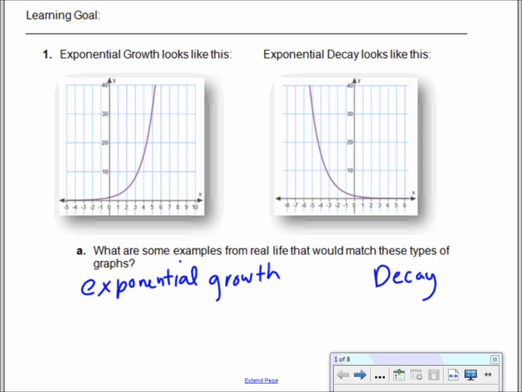Okay, depending on the area, right? Population depending on the area. A lot of African countries, you're going to see exponential growth. India, you might see exponential growth. Canada, not as, it doesn't blow up as quickly, right? But we'll see population growth.